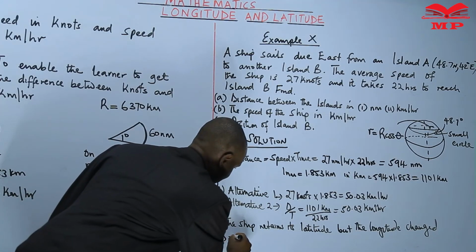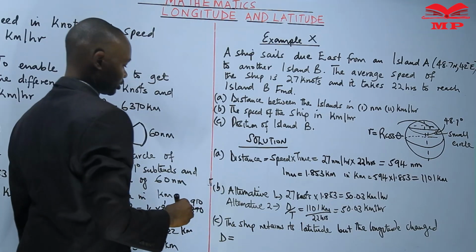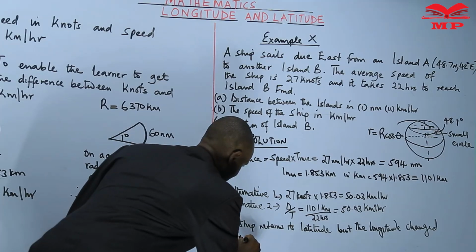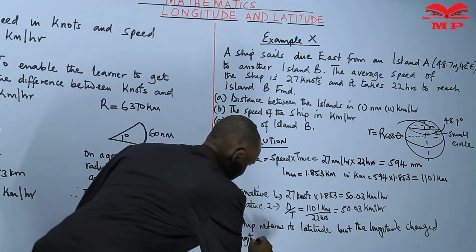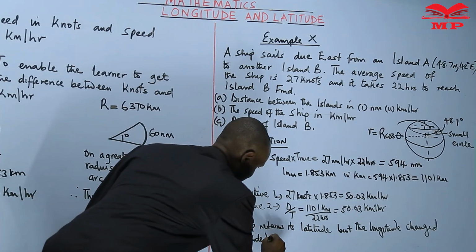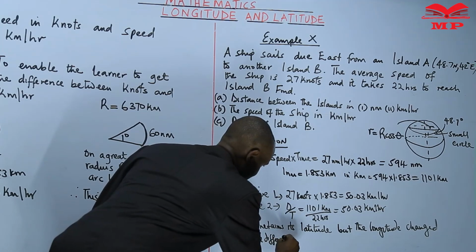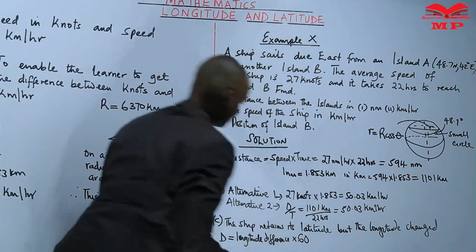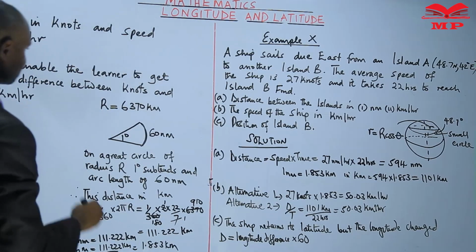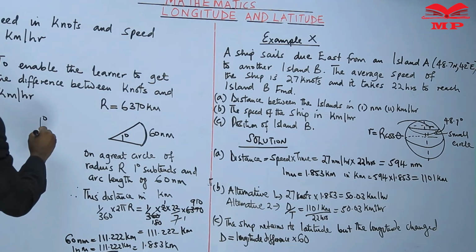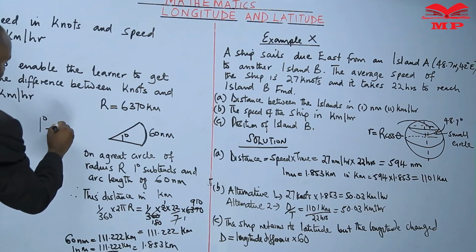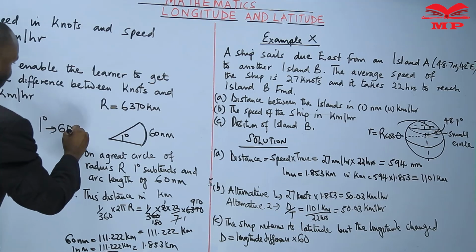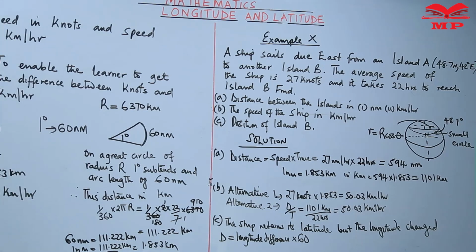But this time, to get the longitude difference, you'll say distance will be given by longitude difference times 60, because 1 degree of longitude is equivalent to an arc length of 60 nautical miles.